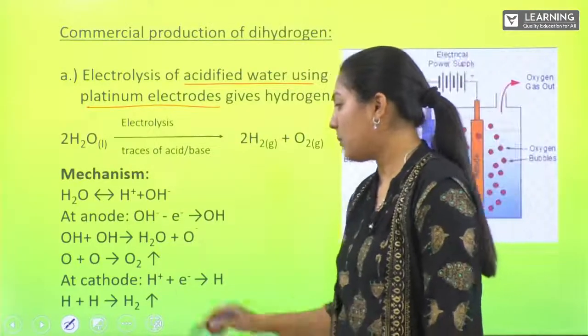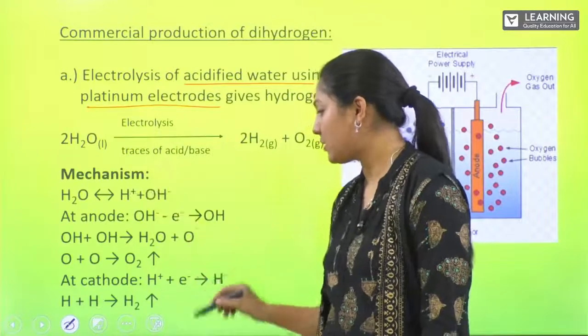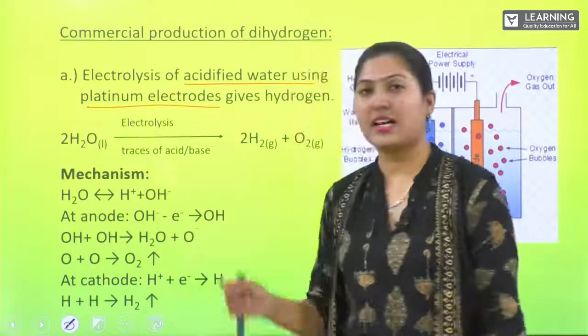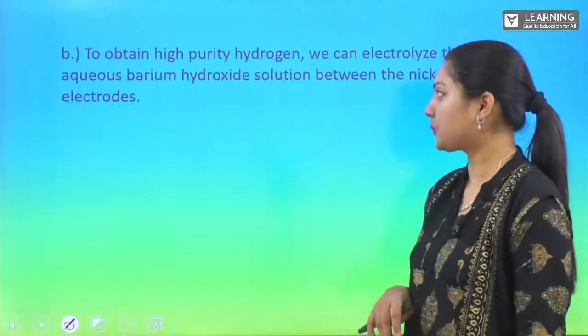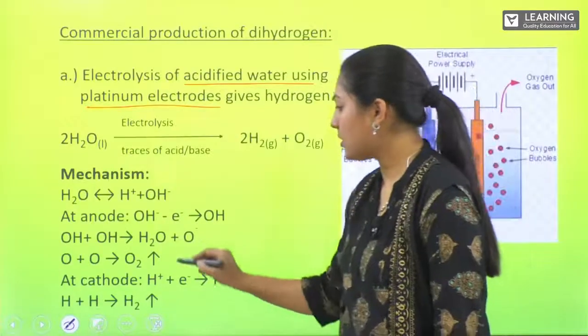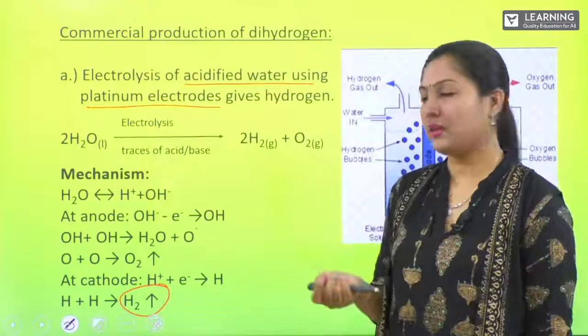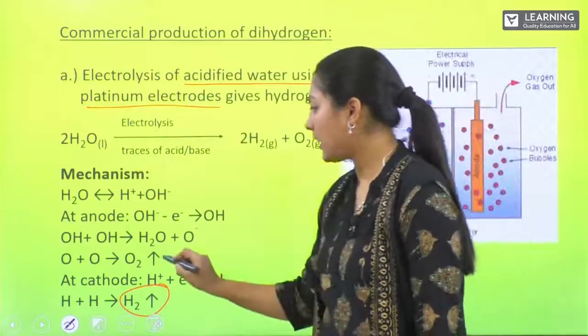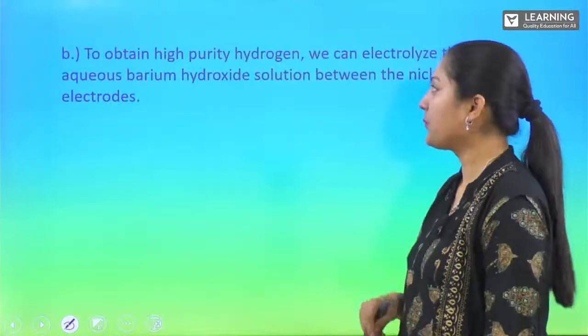And at the cathode, what happens? H plus ions are present. The H plus ions gain an electron and form H atoms, which combine together to form a hydrogen molecule. So we get hydrogen as a gas liberated at the cathode, whereas at the anode oxygen gas is liberated.